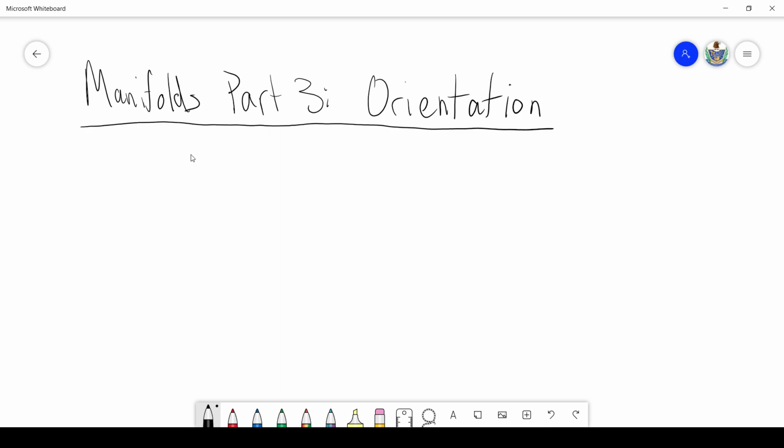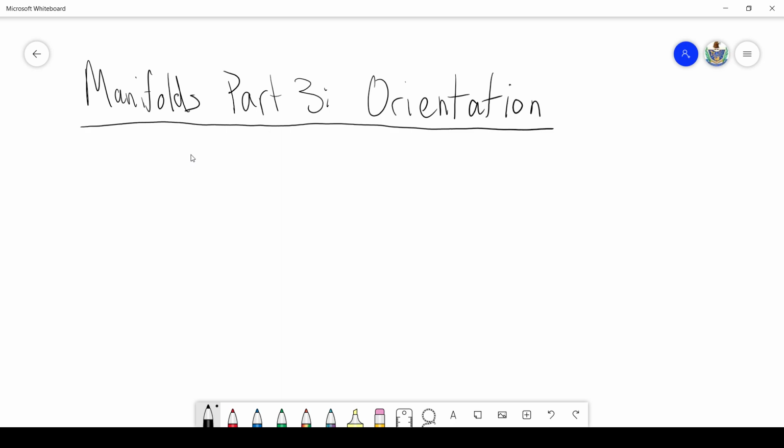Then I'm going to make a follow-up video, because the last two videos have been kind of long, so I'm going to split it up. This one's just going to be introducing the definitions and showing they're equivalent, and the next one will be showing certain spaces are orientable and giving examples of non-orientable manifolds.